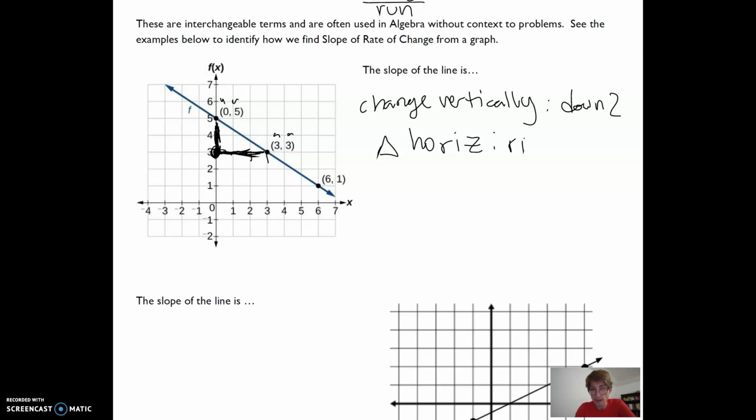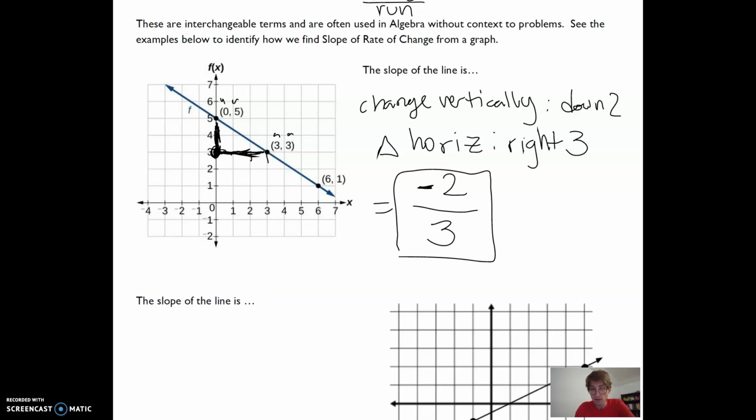So it looks like our change is right 3. Now words like down, hopefully they make you think of negative. We're going to put that change vertically on top of our ratio, our fraction, and we're going to put our horizontal change of 3 on the bottom, so our slope is negative 2/3.